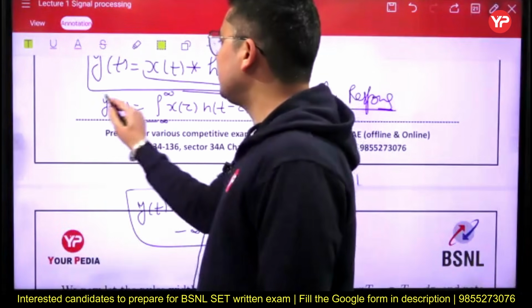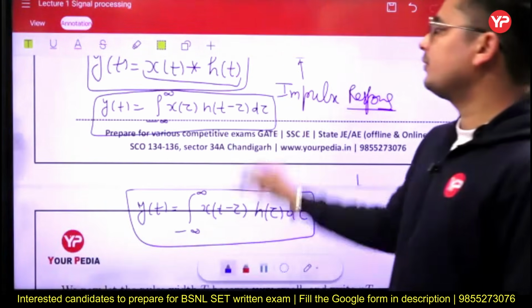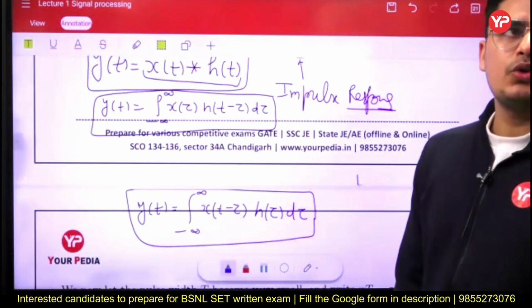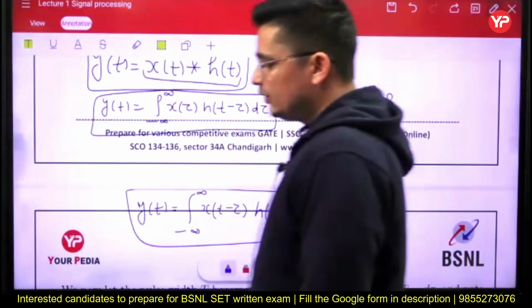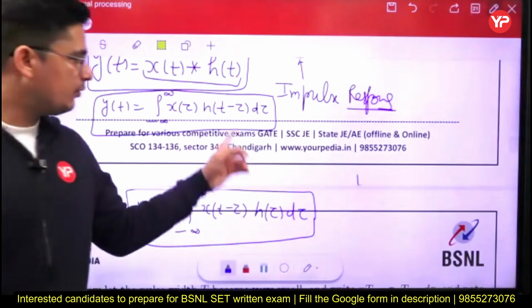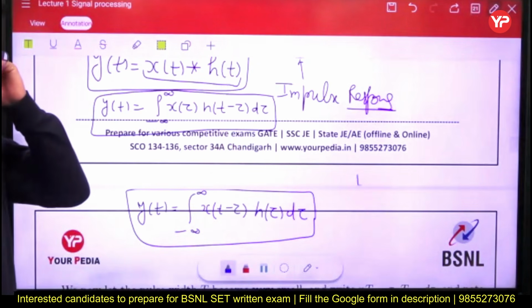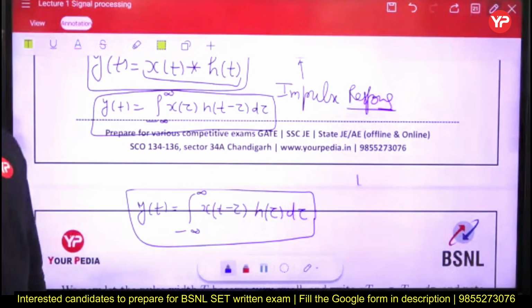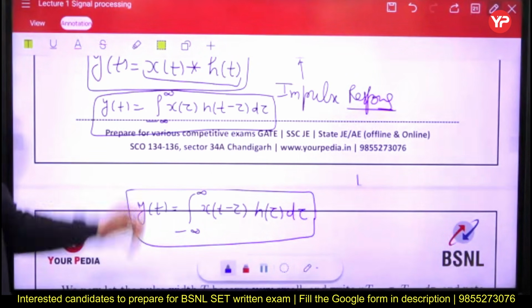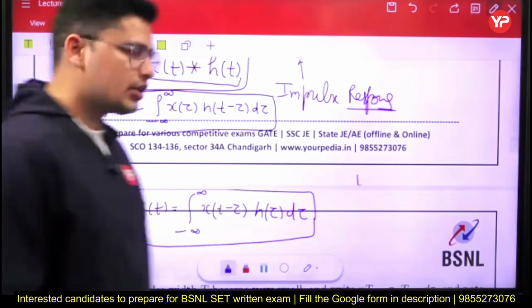He can frame the question as: which of the following represents the convolution, and he will provide any one of these two formulas. So you have to be focused on the formula for the convolution.